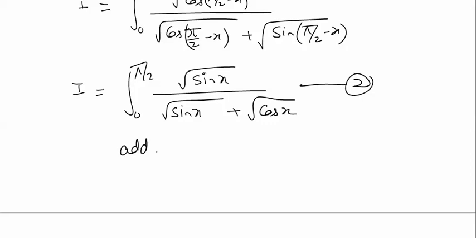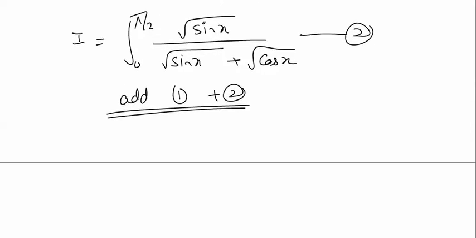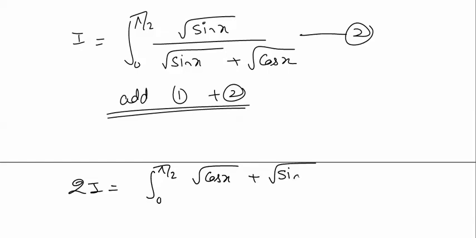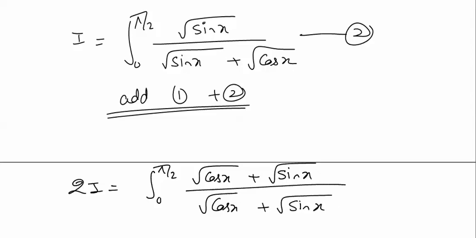Now if I add 1 and 2, what will I get on the left hand side? I plus I, that is 2I. And I'll combine the integration, because the denominator is the same: under root of cos x plus under root of sin x upon under root of cos x plus under root of sin x.